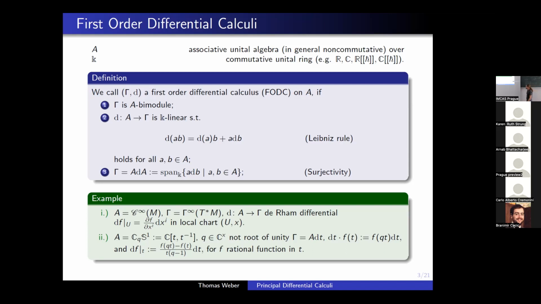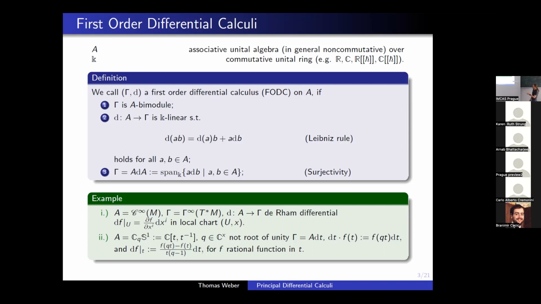For example, you take rational functions in some parameter t, and you take some quantization parameter q, and you say your module of one forms gamma is now just spanned from the left.